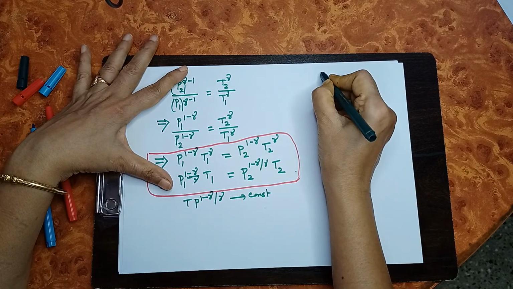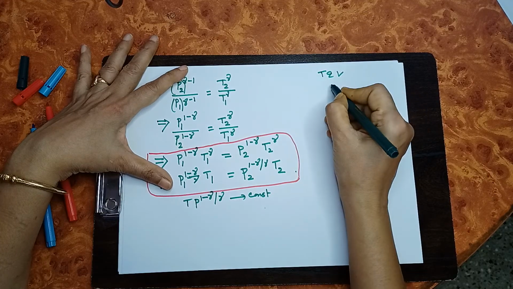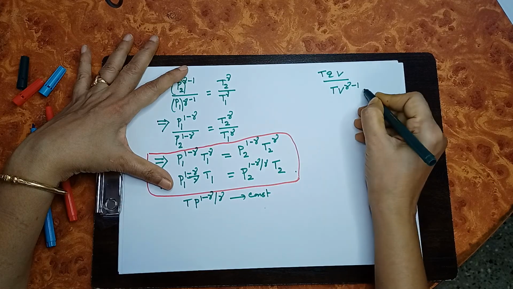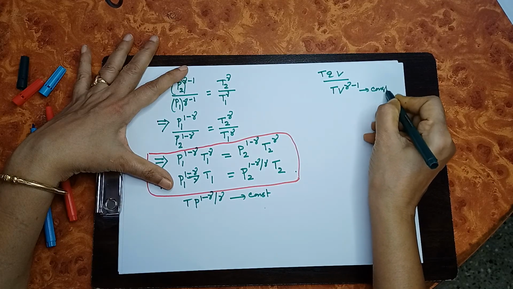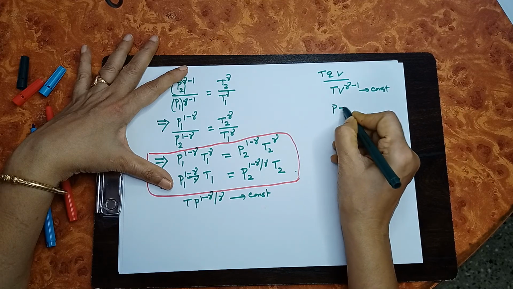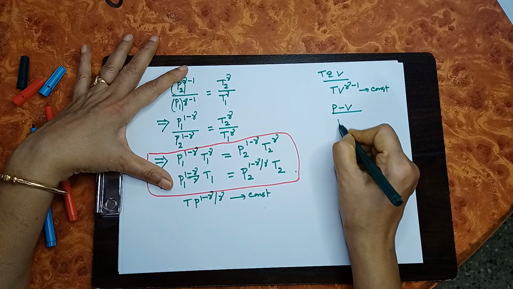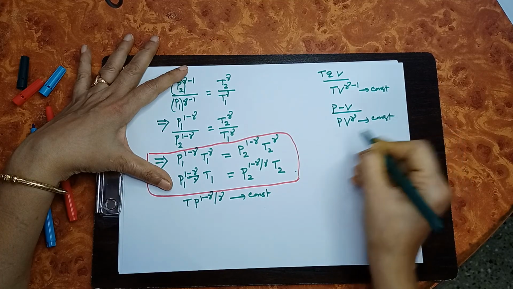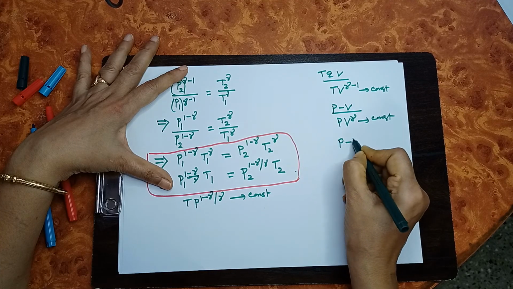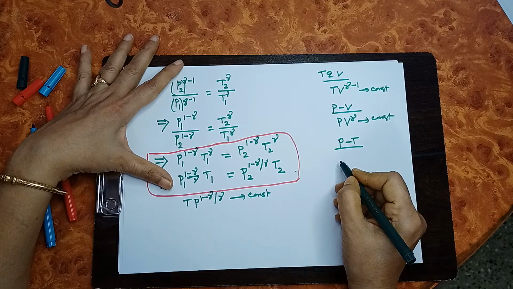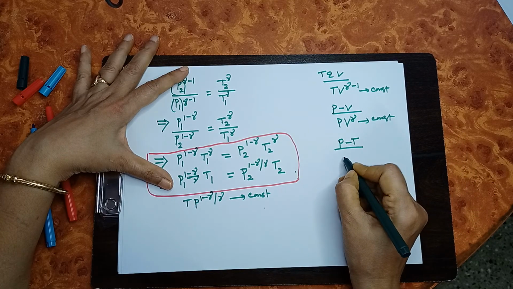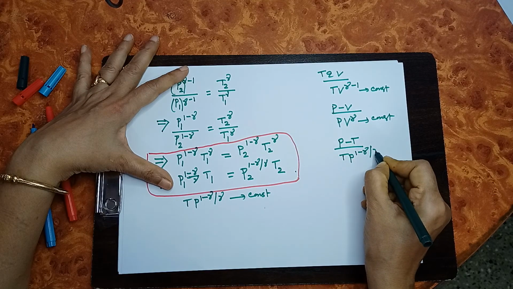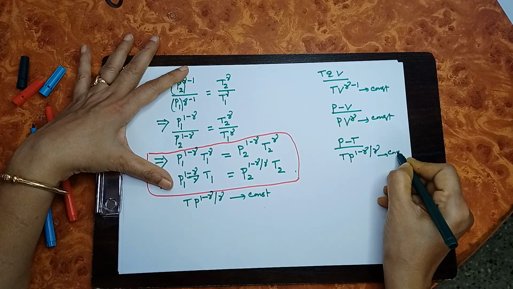Relation between temperature and volume: T V to the power gamma minus 1 is constant. Relation between pressure and volume: P V to the power gamma is constant. And relation between pressure and temperature: T P to the power 1 minus gamma by gamma is constant.